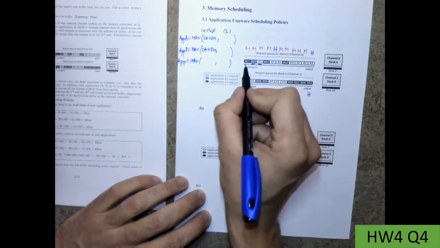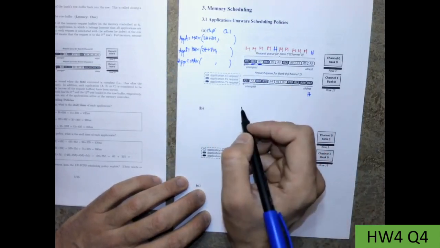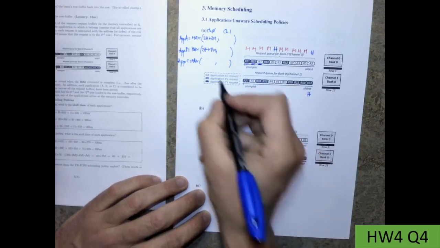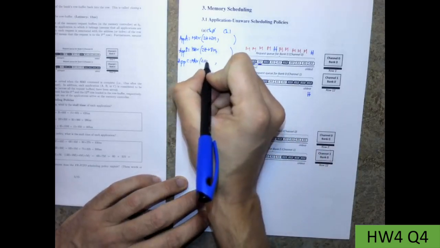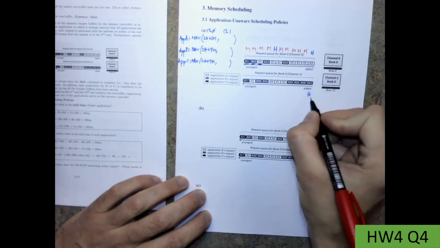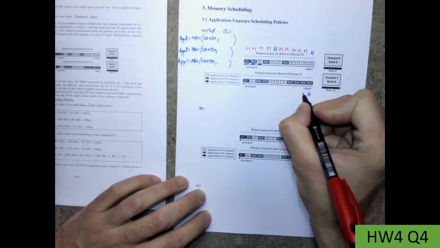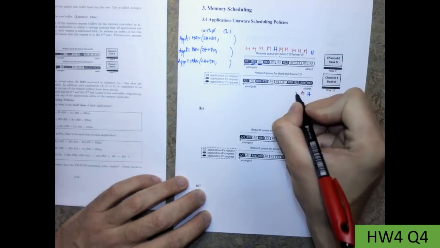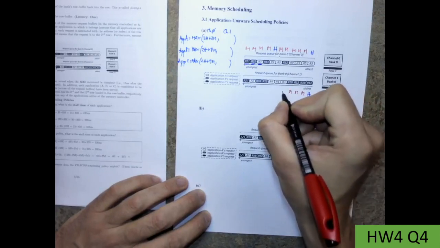And the last request is R21, from application C. So then it's 2 hits plus 9 misses. So in channel 1, we see that after this hit in row 12, this is a miss, miss, miss.